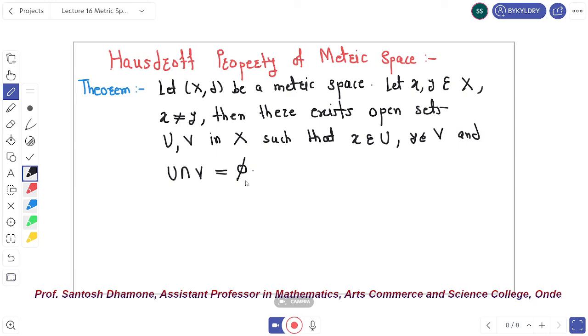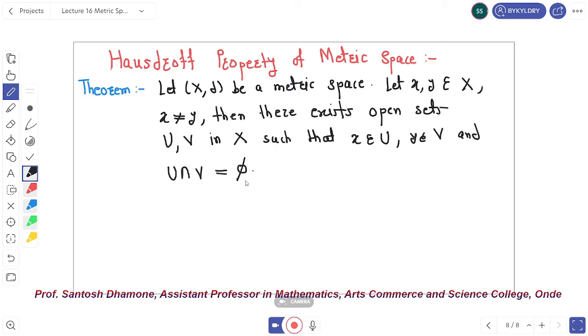This implies that x belongs to the open ball about x with radius r by 3, which is equal to U. Therefore x is a point of the open set U.